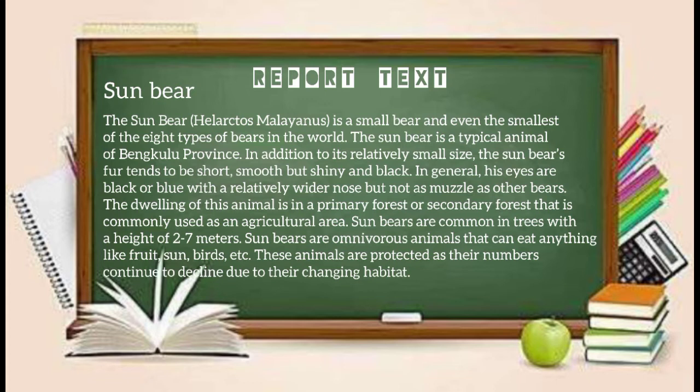Sun bears are omnivorous animals that can eat anything like fruit. These animals are protected as their numbers continue to decline due to their changing habitat.